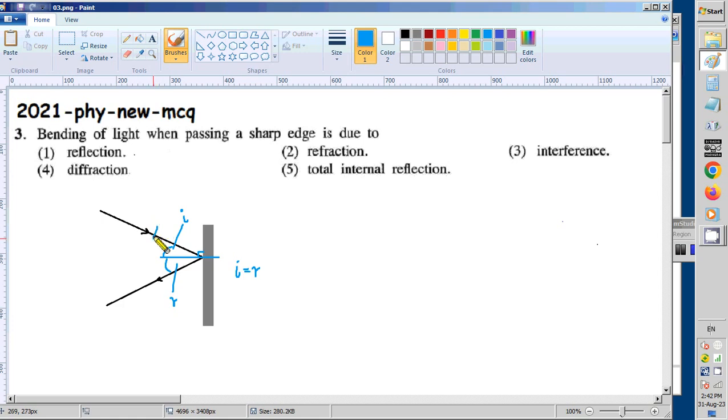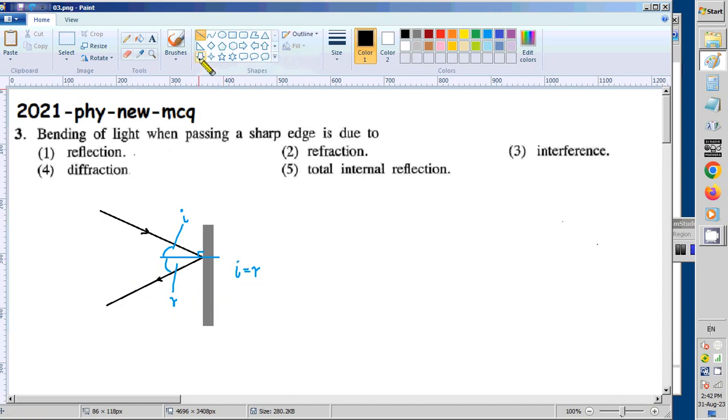So all these three lie in the same plane. That means we can draw them on a paper. The reflected ray doesn't jump out of the plane like this. Therefore we can draw it on a normal, plain paper.